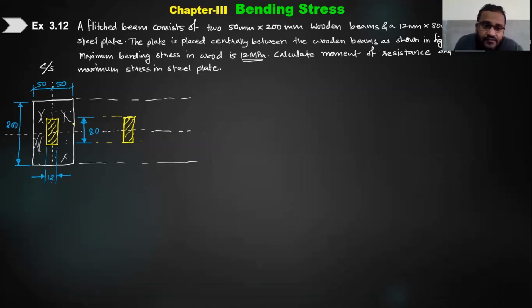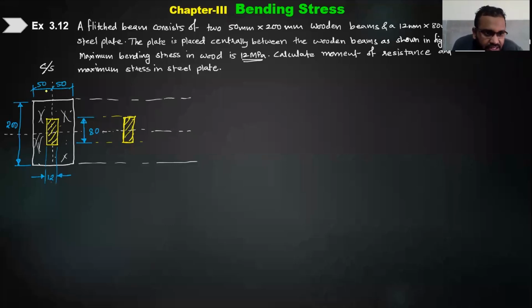If I try to change this wooden section, there will be a problem, because there is no single dimension parallel to the neutral axis. There are two dimensions because this wooden section is hollow from the center. In problems where one material is embedded into the other, it is not simply flitched, it is inserted. In that case, it is better to convert the material which has the minimum dimensions to change.